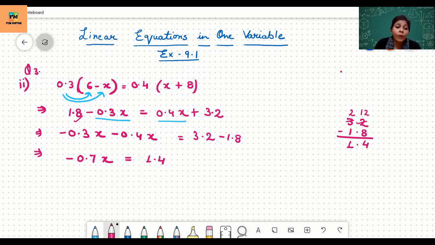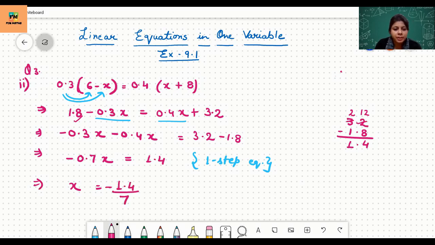Now, when you have to isolate x, because this is a one step equation, only one operation is involved. So we have to undo the operation, which is division.